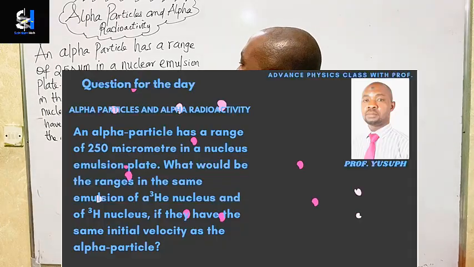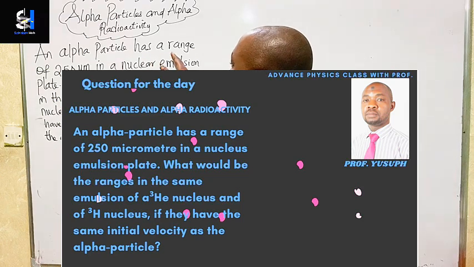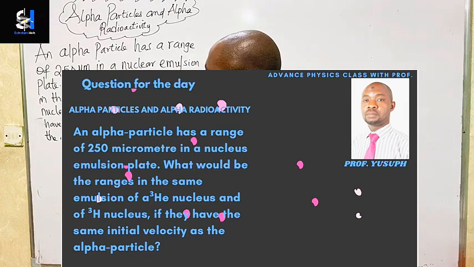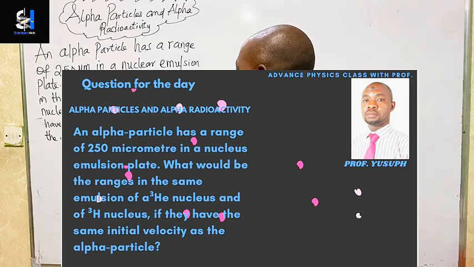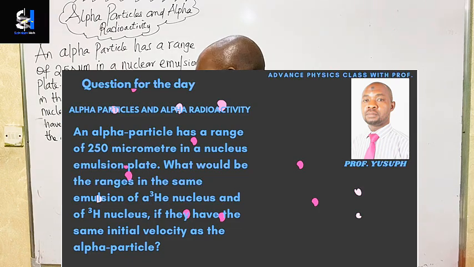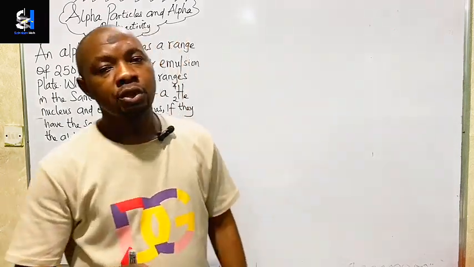We have an alpha particle that has a range of 250 micrometers in a nuclear emulsion plate. What would be the ranges in the same emulsion of a helium nucleus, which is that of an alpha particle, and of a tritium nucleus, if they have the same initial velocity as the alpha particle?